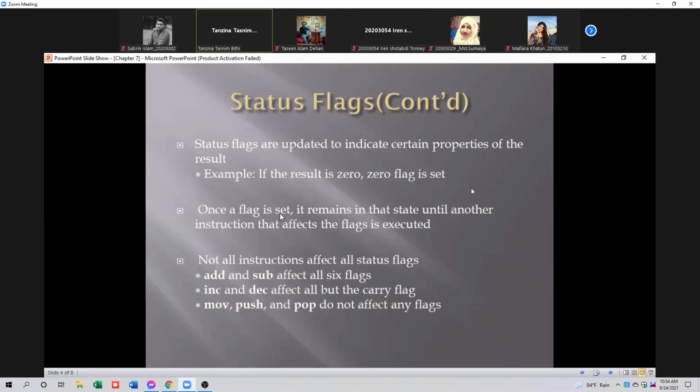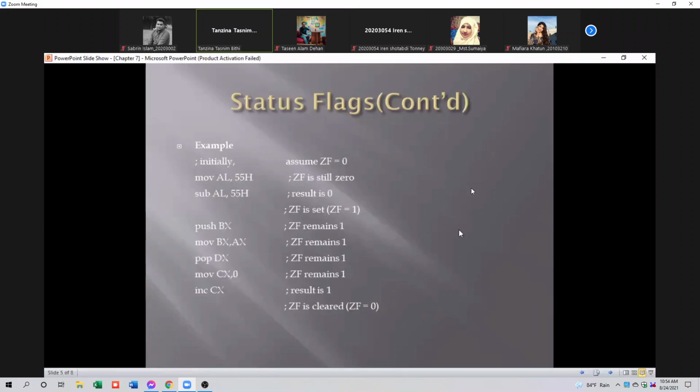Once a flag is set, that means its value is 1, it remains in that state until another instruction that affects the flag is executed. So look at this example. There are a total of 6 flag registers, right? And each flag register will be affected by some arithmetic, logical, or relational operation.